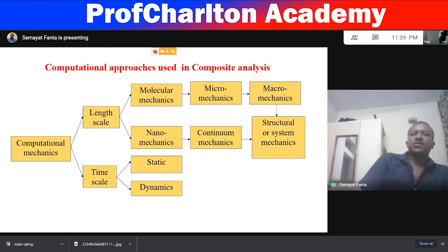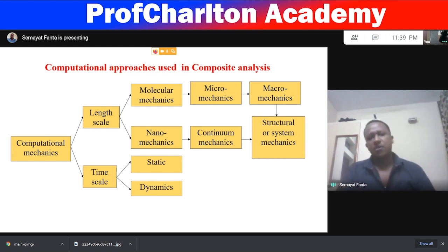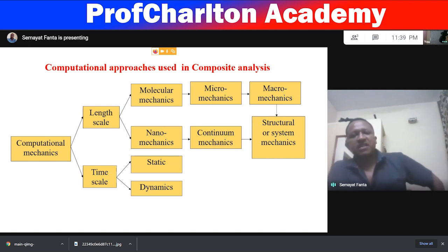Computational approach used in composite analysis. So composite is one of the materials under analysis. The computational mechanics is subdivided into length scale and time scale. The length scale is in terms of molecular mechanics, micromechanics, mesomechanics, and macromechanics.